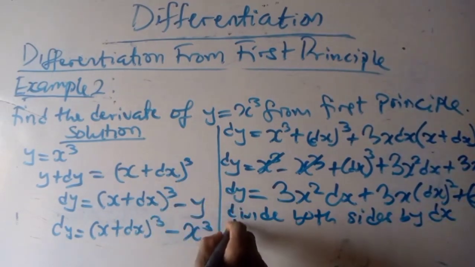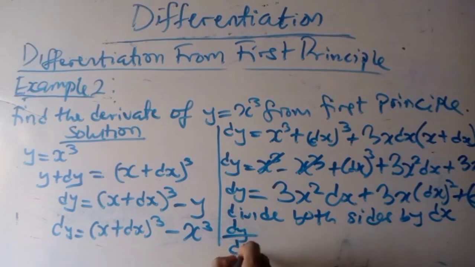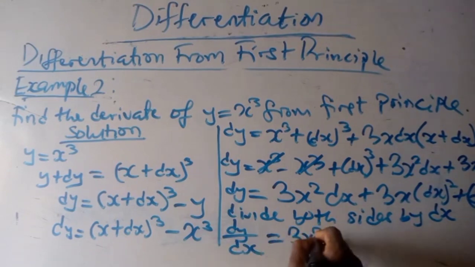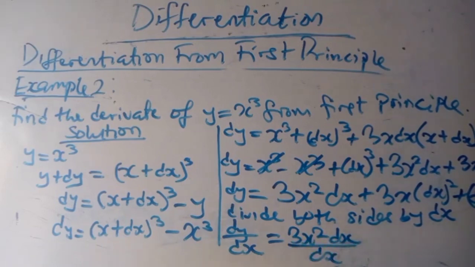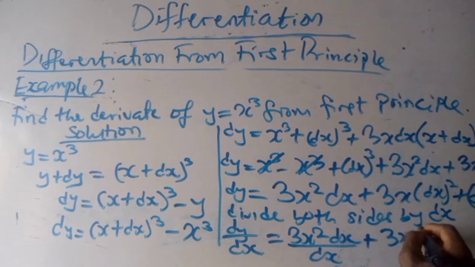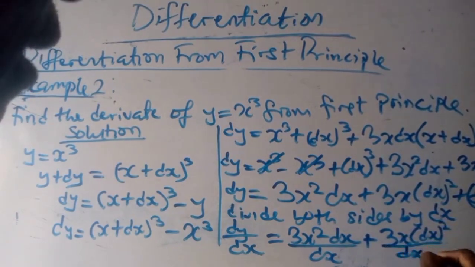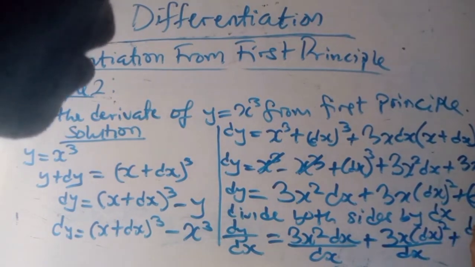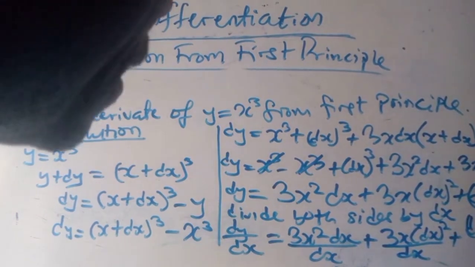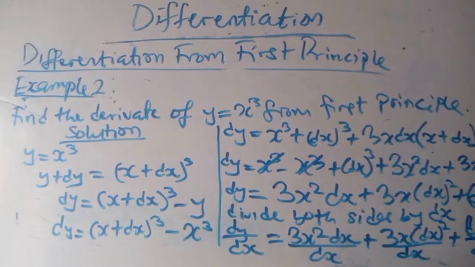So it's going to be dy divided by dx, which is equal to 3x squared dx divided by dx, plus 3x dx squared divided by dx, plus dx raised to power 3 divided by dx.